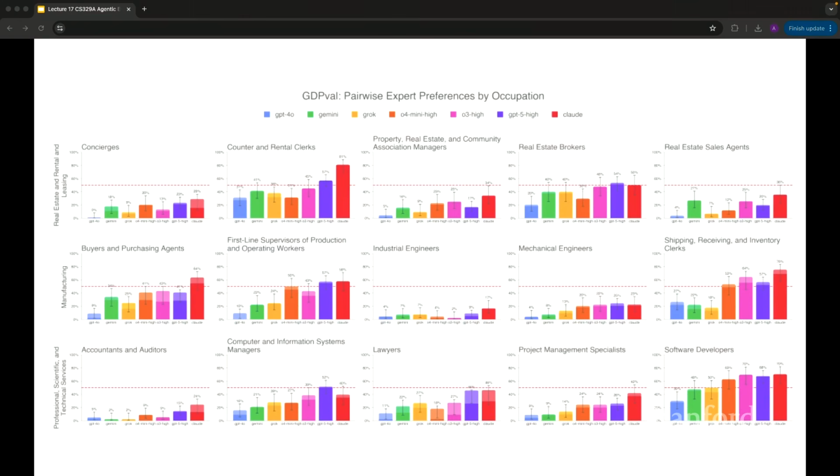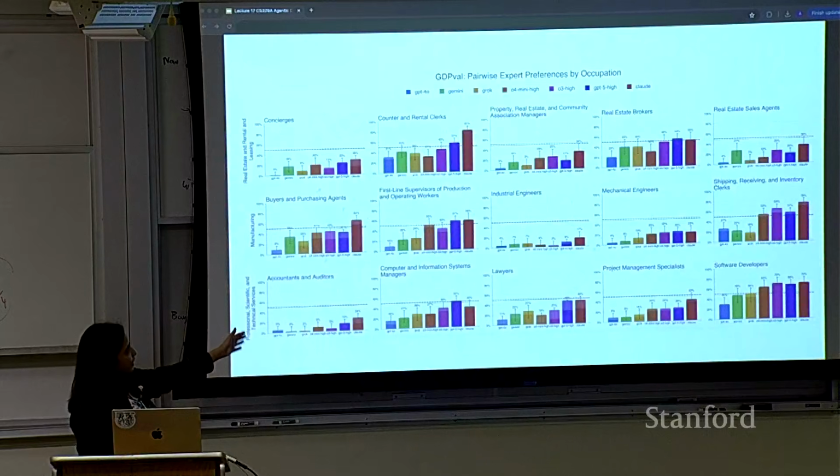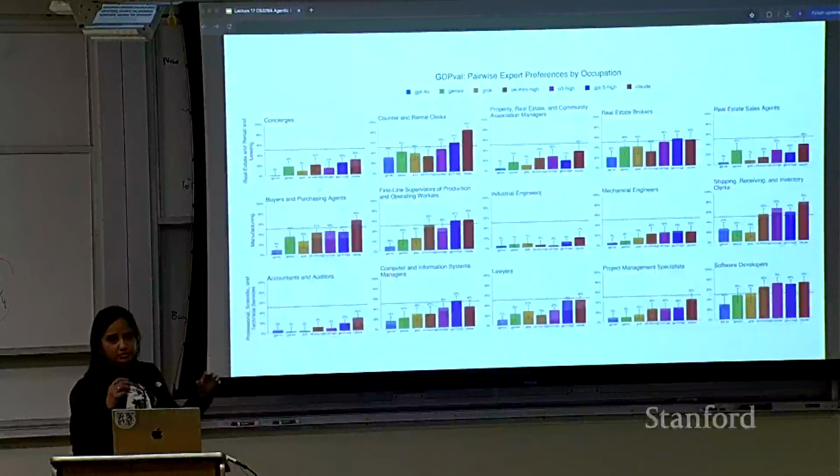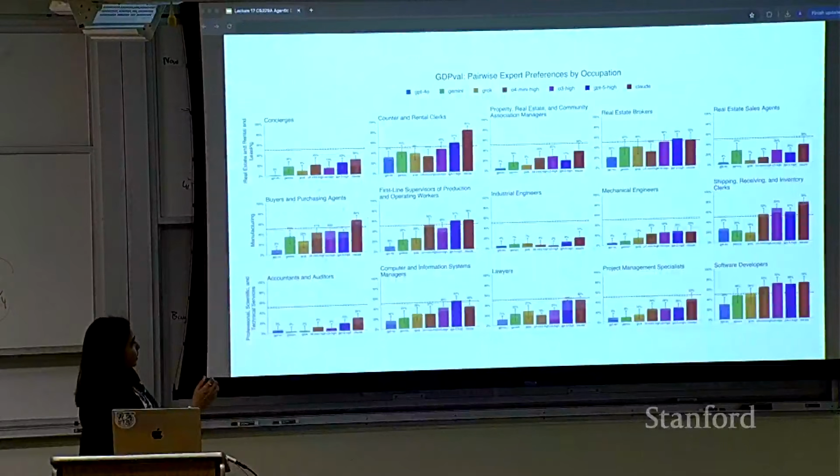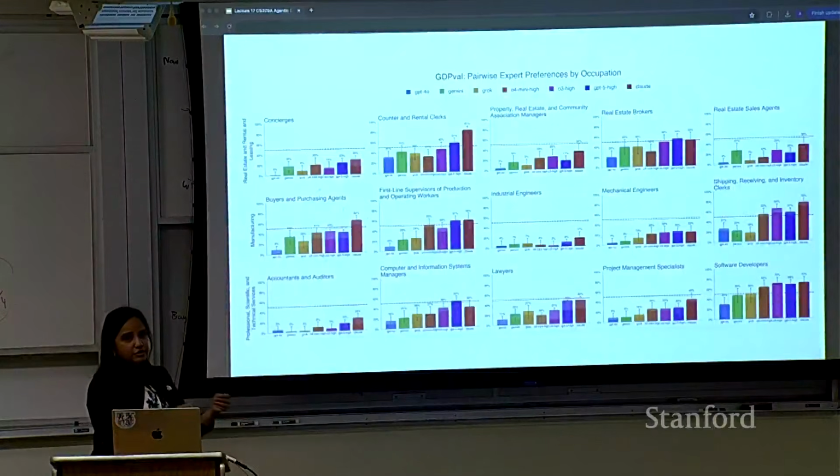Real estate brokers, for example, shipping, receiving, and inventory clerks, buyers and purchasing agents, you can imagine why. Computer and IT managers are definitely starting to hit where an average human expertise would be. When I say average, this is not the best expert in the field. And then software developers, definitely a lot of the models are starting to hit capability in typical software engineering tasks.